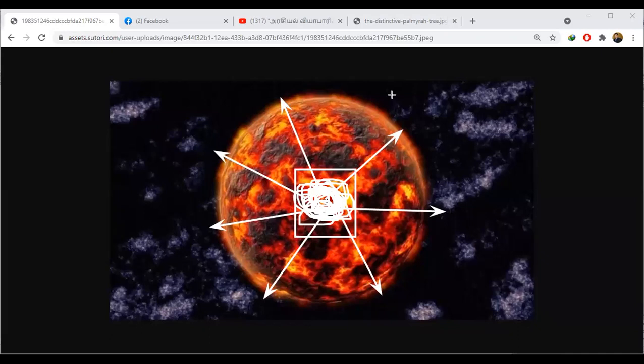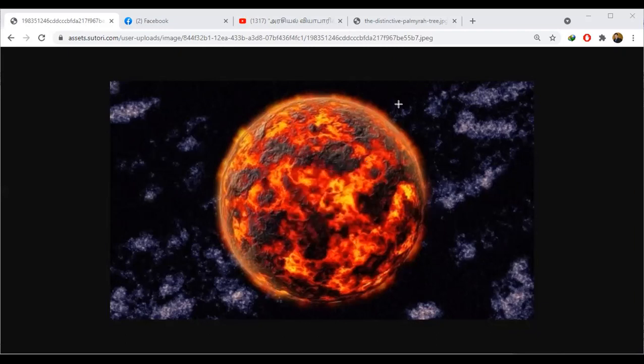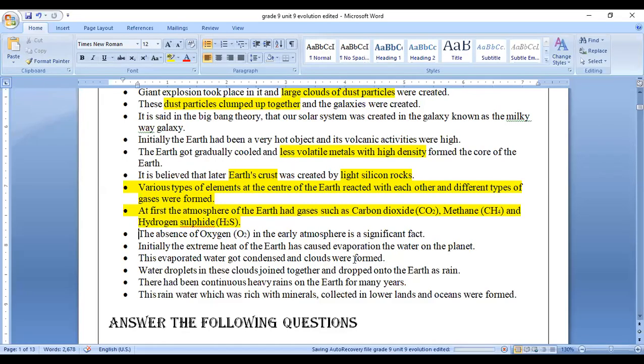When you come to grade 10 and grade 11, you will study those things. So oxygen gas was not released here. There was no oxygen here. These gases were mainly made in the center of the earth. Then they came out to the earth's surface and made the atmosphere.